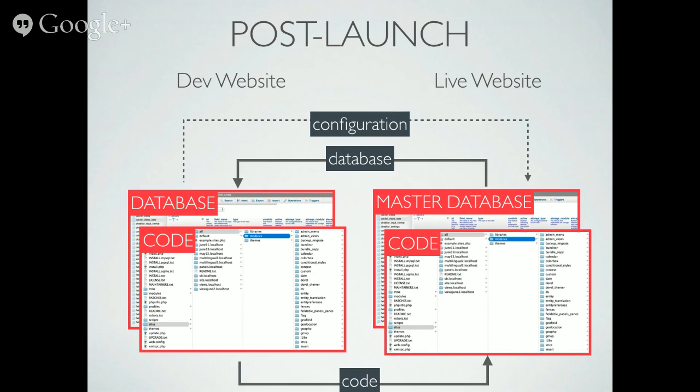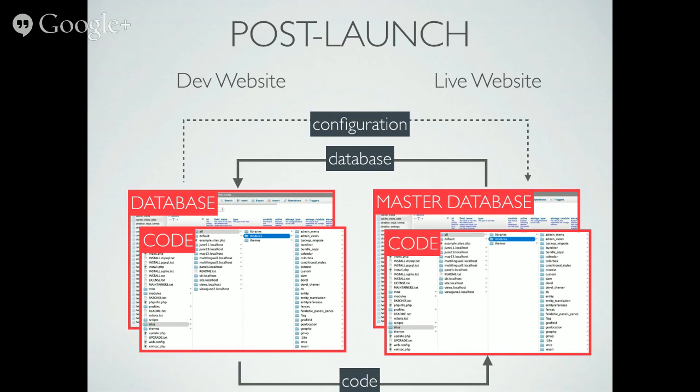So the version of the database on your live website is the master version, or the version that's the most important, the one that you really want to hold on to. So typically, you'll occasionally move or copy your master database from the live website back to your development website. So that's normally how things work.